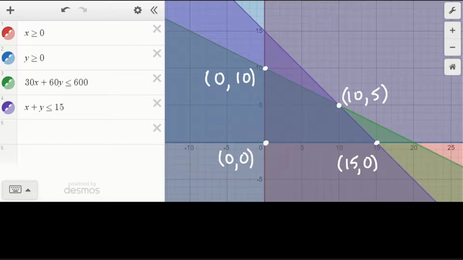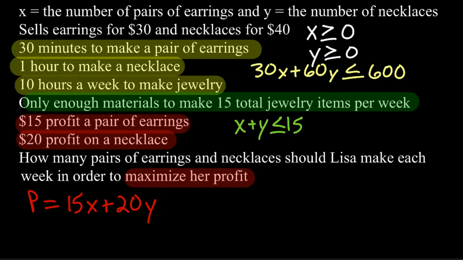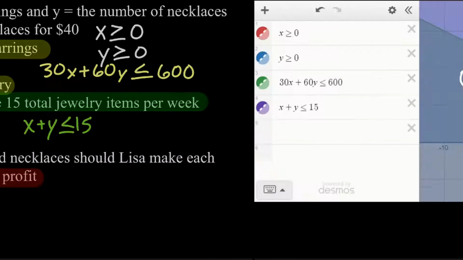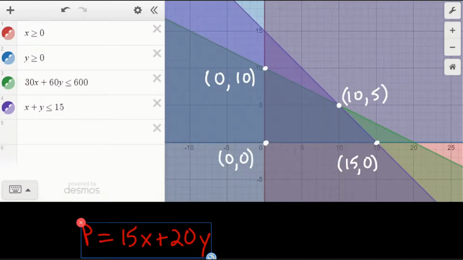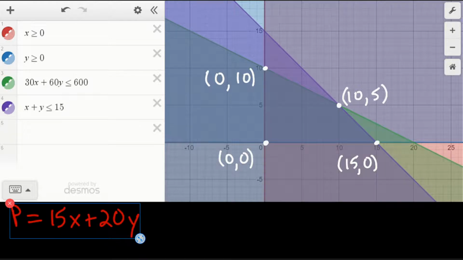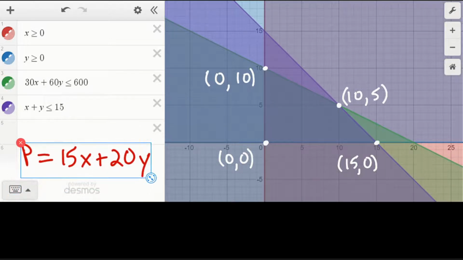Not making any pairs of earrings and not making any necklaces will not make her any money as well. So the equation that we needed to bring over to maximize is this one right here. Let's bring that over. And so we're going to plug in our x and y points into that equation.